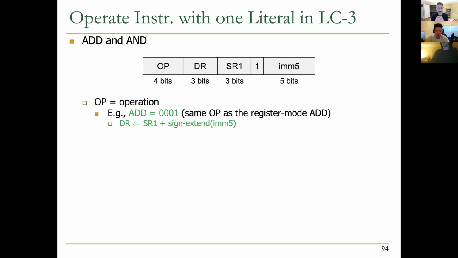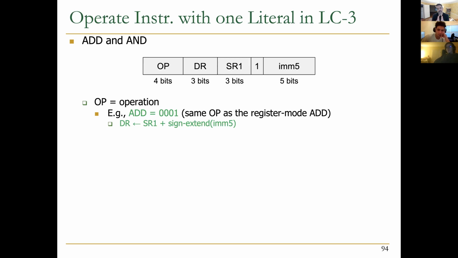Right, so for example, the second line specifies the semantic of add, and we discussed add before, right? You have one source register and you have one immediate. Again, this is add in LC3, not MIPS. You need to sign extend the immediate, because your immediate is 5 bits and your numbers are 16 bits.